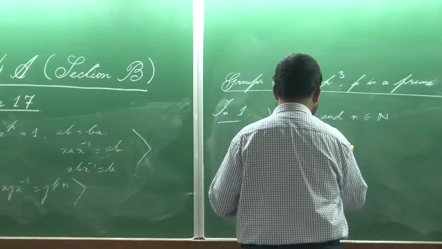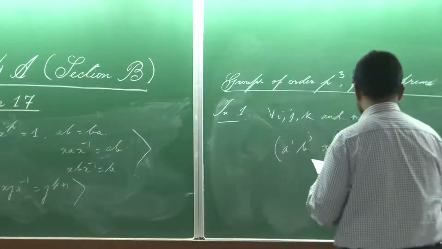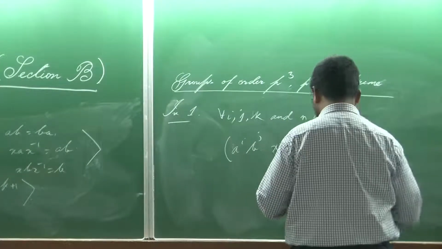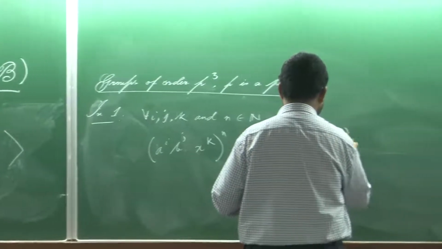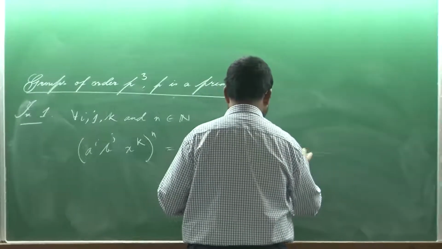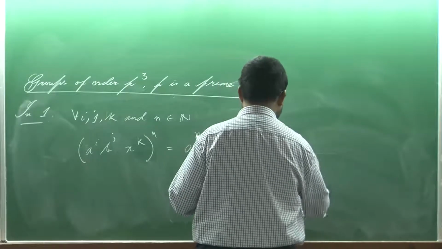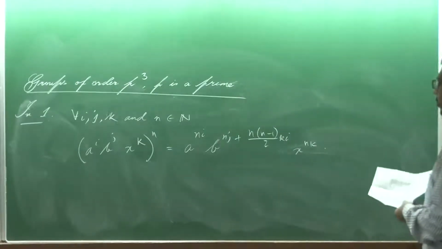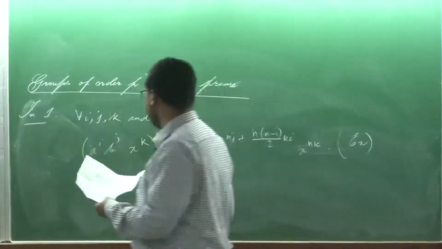This is just a routine verification by induction, hence I am leaving that to you. This will simply be a to the power n times i, b to the power n times j, plus the most important thing, n into n minus 1 by 2 times k i, then x to the power n k. That you can easily prove by induction. So this is left as an exercise, a simple verification.